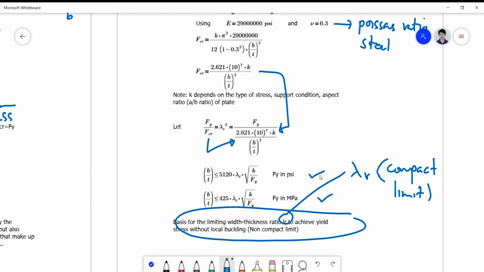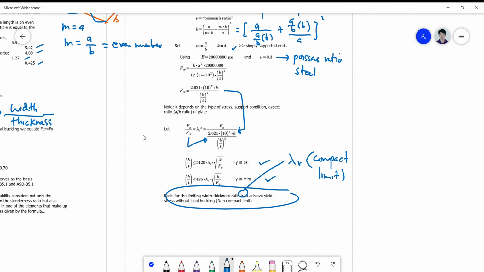I hope you have been informed of how plate elements behave in terms of stability by the application of actual loads, and I'll see you on the next video for the continuation of such application on torsion and lateral torsional buckling. Thank you very much.